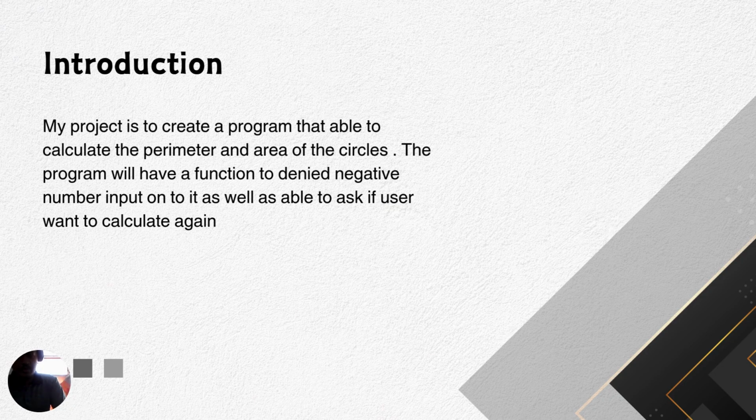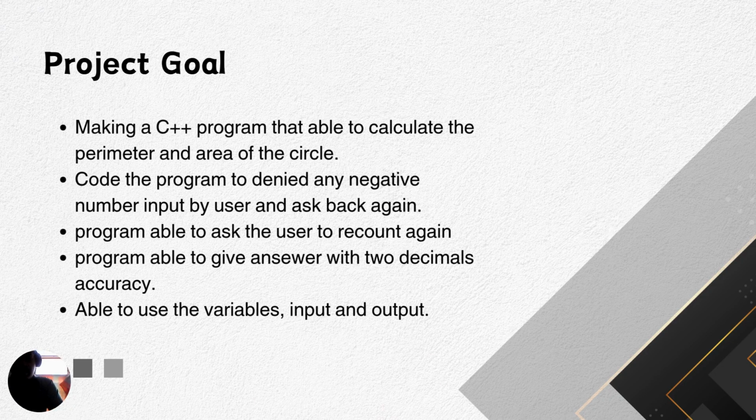The project goal for this presentation is to make a program that is able to calculate the perimeter and area of a circle, and add code that denies any negative number input by the user. Any number below zero will be denied and the program will ask the user to input again. After a positive number is entered, the program will calculate and ask the user if they want to recount more.